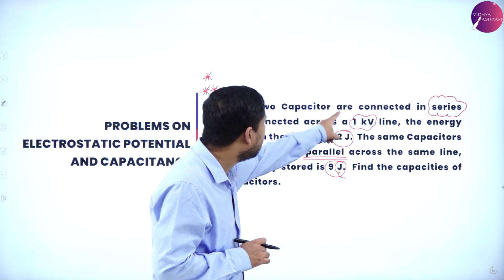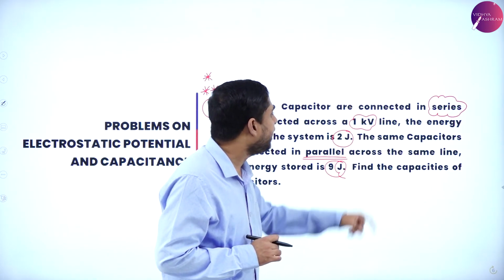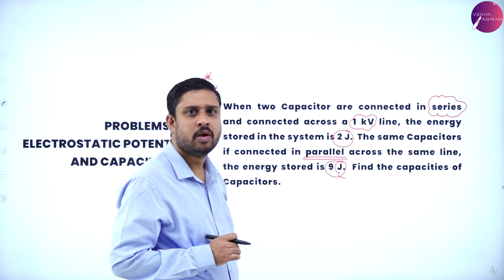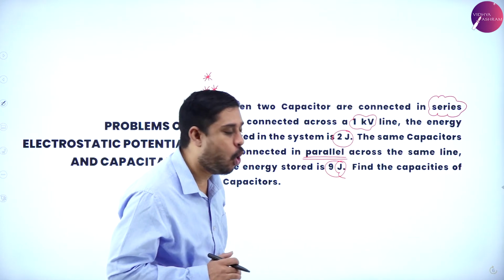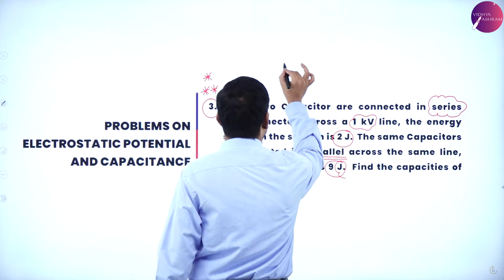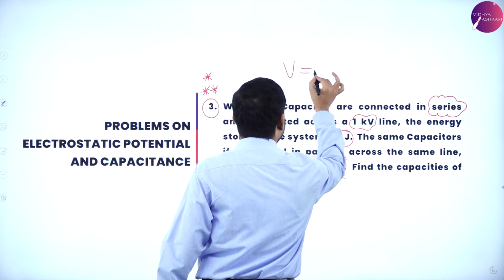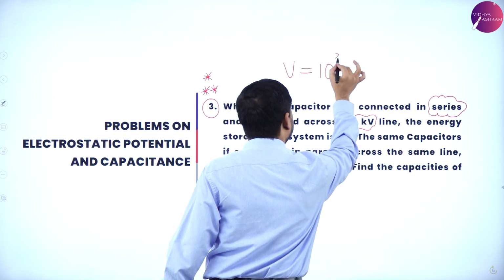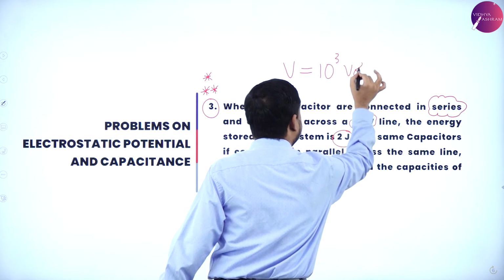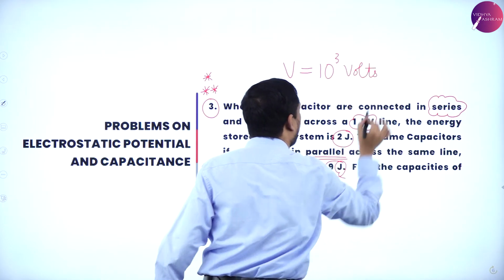Here, they are connected across a 1 kilovolt line. So the potential applied is 10 to the power 3 volts.